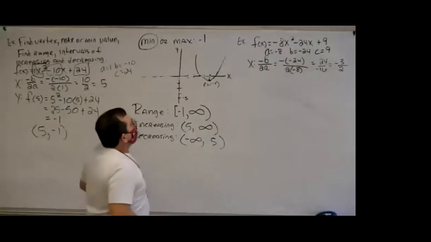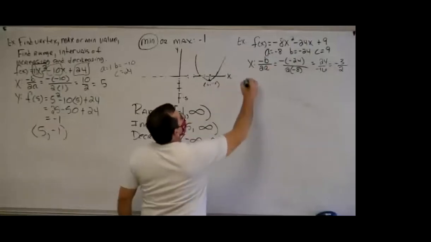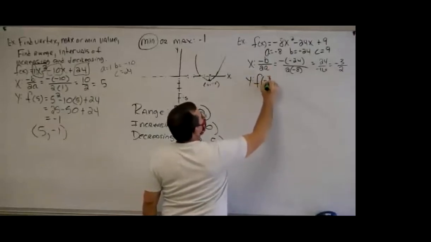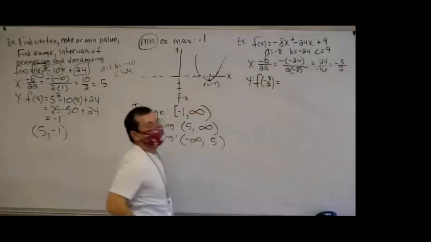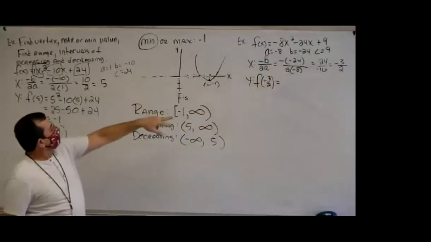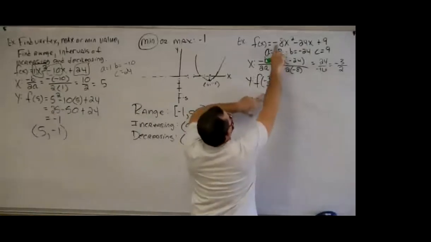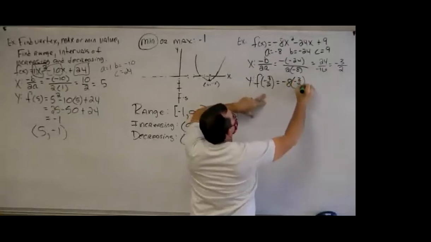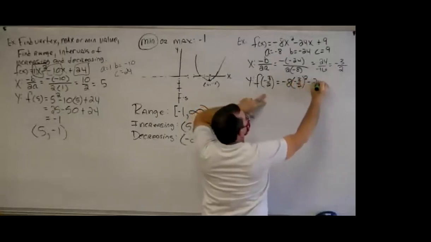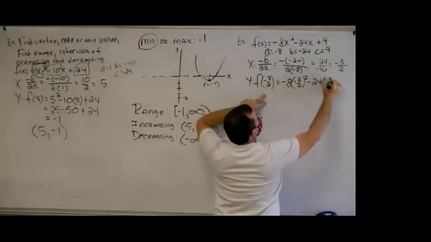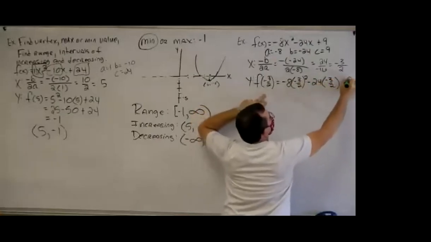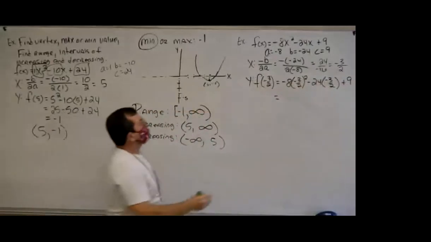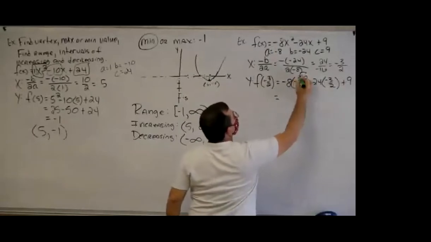Now I'm going to find my y value, which means I'm finding f of negative 3 halves. So my two x's are going to turn into this negative 3 halves. So I got negative 8 times negative 3 halves squared minus 24 times negative 3 halves plus 9. I'm going to do the exponent first, this negative 3 halves raised to the second power.